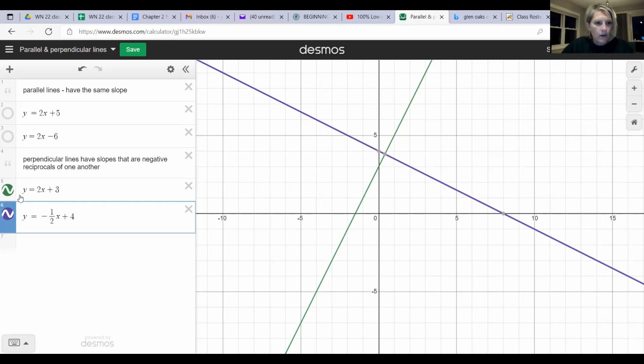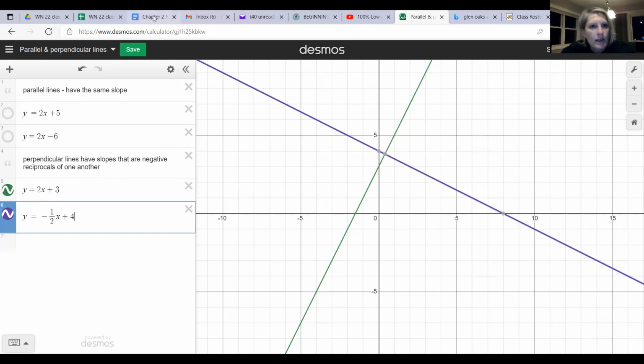Okay, so they are reciprocals. They are perpendicular lines because their slopes are negative reciprocals. Now the 2 doesn't show the 2/1, but a whole number doesn't actually show when its denominator is 1. But you can see this is what they should look like.